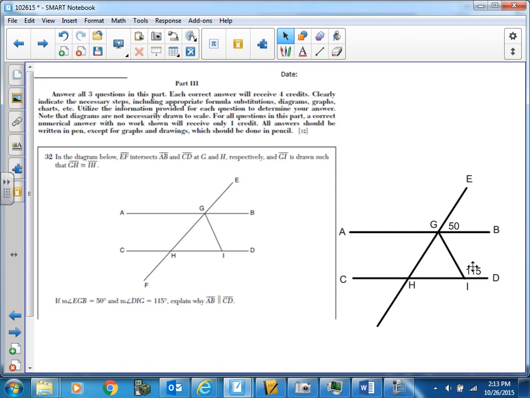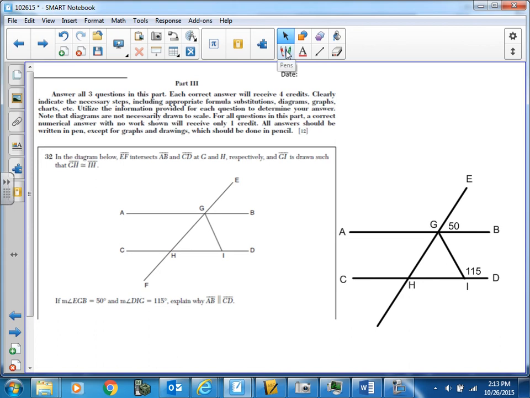What do we know? Explain why AB is parallel to CD. Well, let's go back up into our given information. It says that EF intersects AB and CD at G and H respectively, and GI is drawn such that GH is congruent to IH.